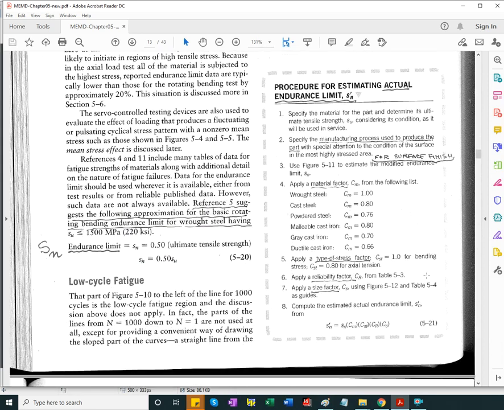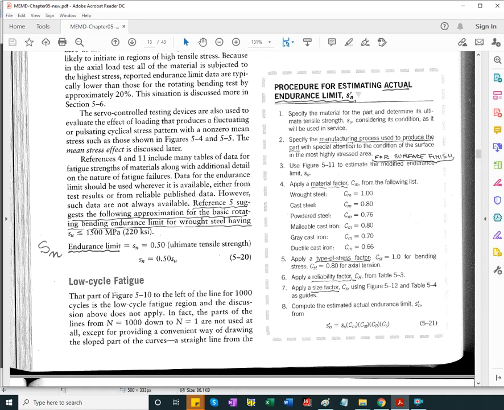There are some corrections that need to be done to the endurance limit, and it's called the true or actual endurance limit. You can see here some coefficients that are all less than 1 or at most 1, serving to do those corrections.